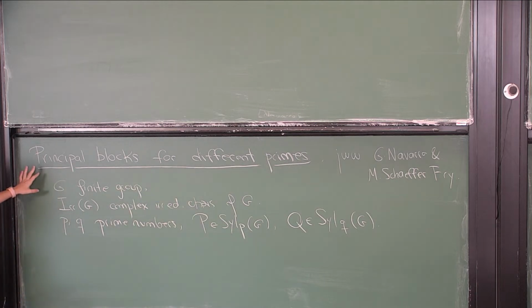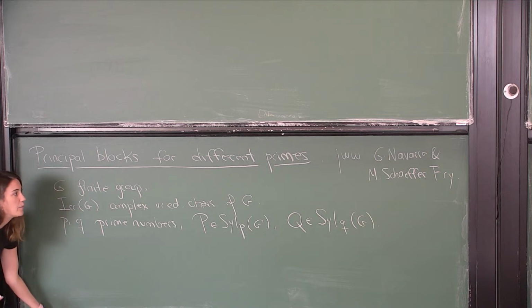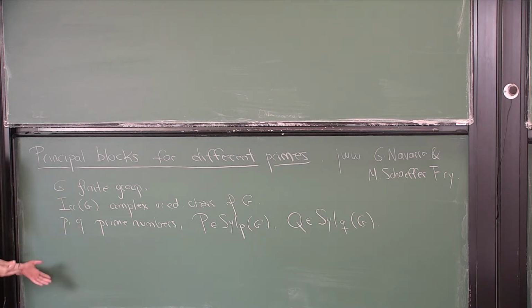So I'm going to talk about blocks, principal blocks, and also Mandy defined blocks in the way that I want them to be defined for this talk, but just to review this.